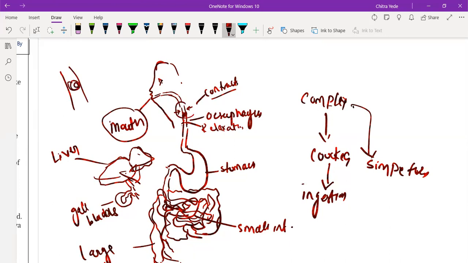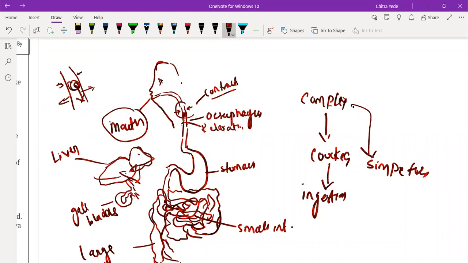The muscles here contract and the muscles there relax, so food passes through the esophagus. That movement of food in the esophagus is called peristaltic movement.